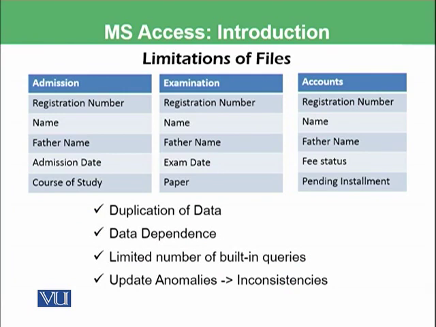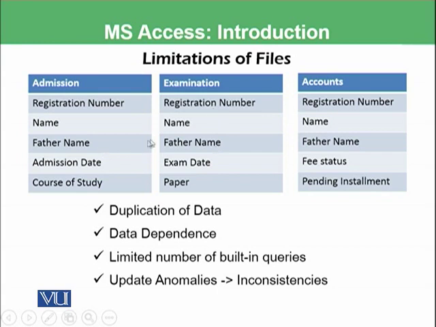So if we try to summarize the limitations of files, for example, if we want to store information of a student in the admission department, we would be interested in storing registration number, name, father name, admission date, and course of study. When we store the information of that student in the examination department, we are interested in storing registration number, name, father name.